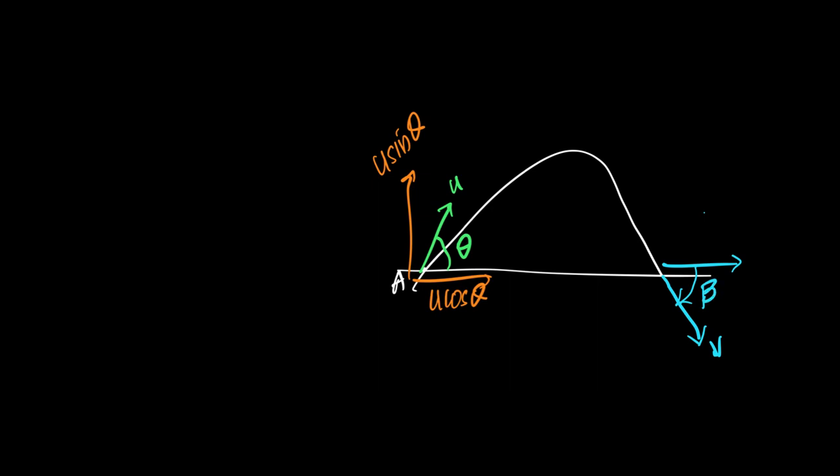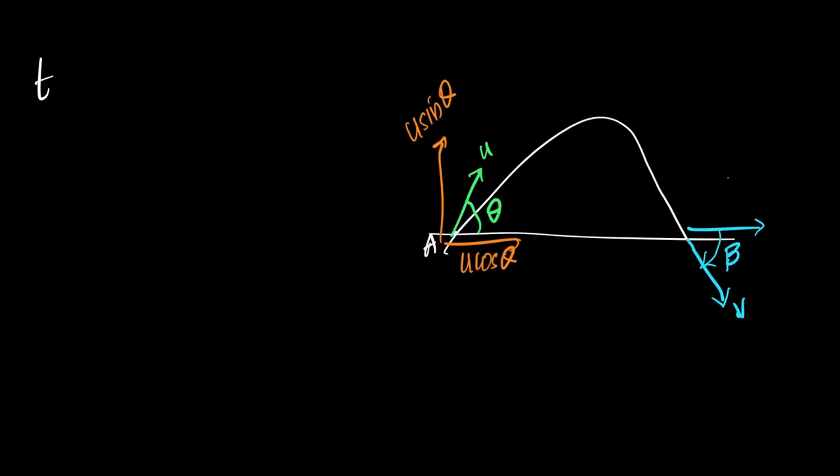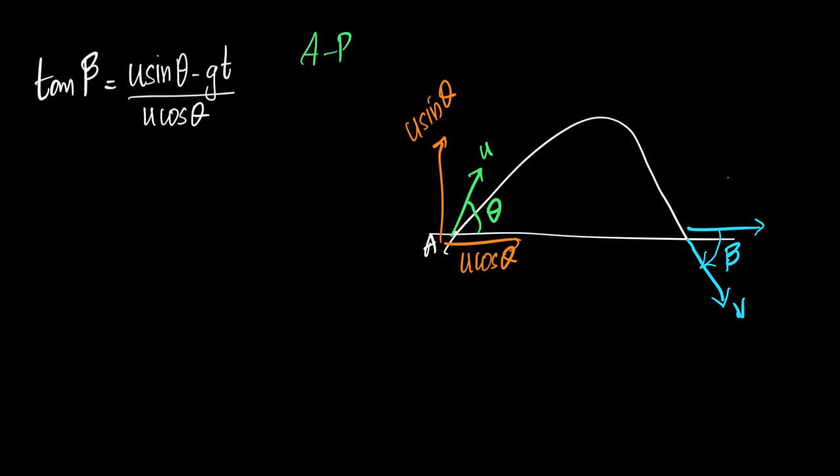Okay, so we know by equation that at any point in the trajectory of the projectile, tan beta is equal to u sine theta minus gt, the whole upon u cos theta. But again, for the motion from A to B, t is equal to the time of flight.